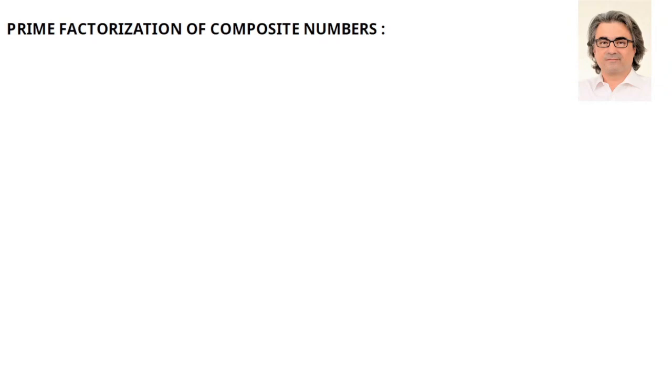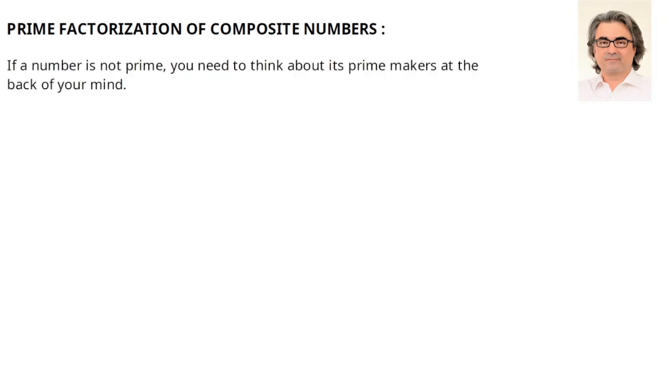Now, I told you many things in this video. The most important sentence here is the following. If a number is not prime, you need to think about its prime makers at the back of your mind always.